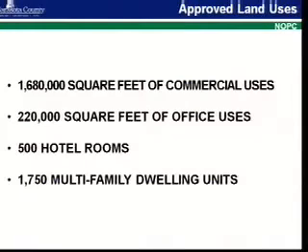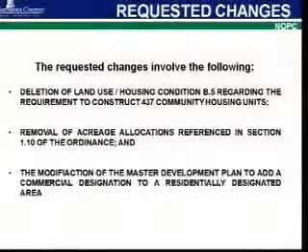The development order also contains a condition that requires 437 of the 1,750 dwelling units to be community housing units. It should be noted that there are no proposed changes to these land use totals. The requested changes are as follows.